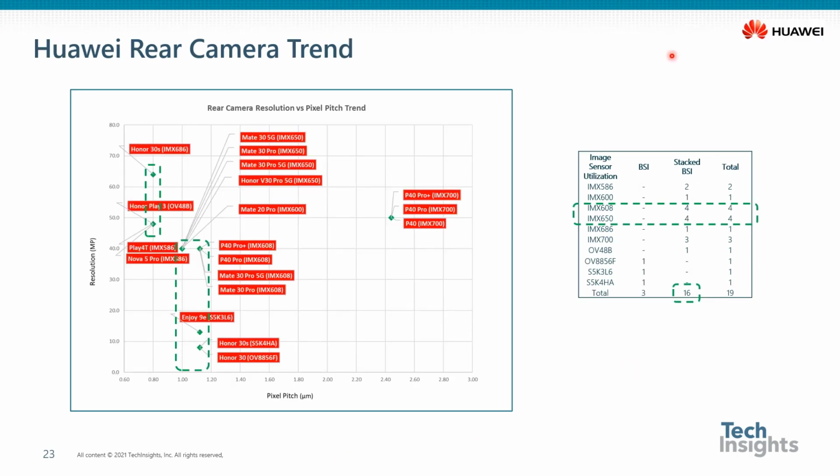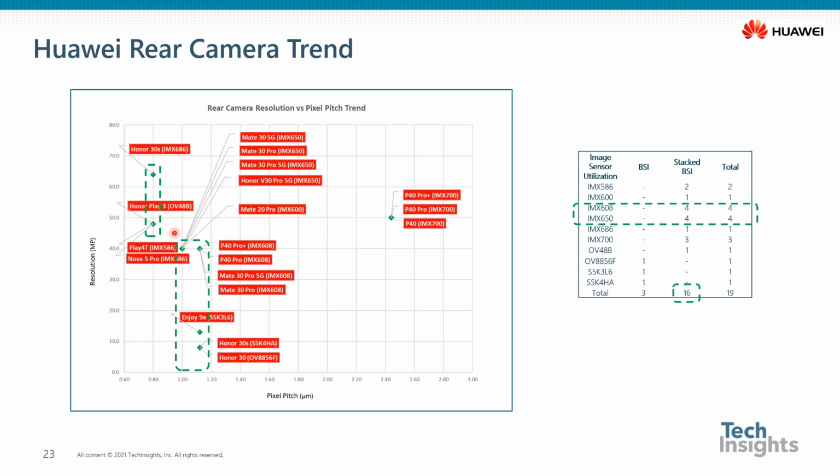Huawei's rear cam trend is somewhat similar, at least for the higher resolution sensors. So here we see Huawei utilizing the IMX686 from Sony, as well as the 48B from OmniVision.